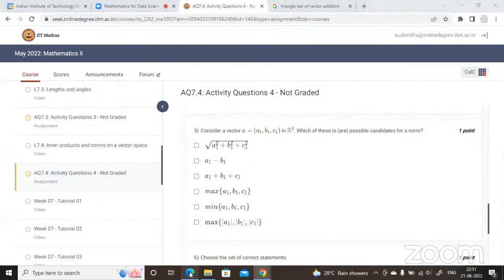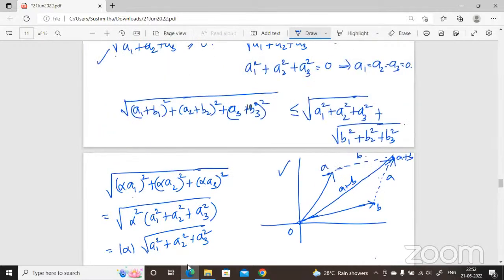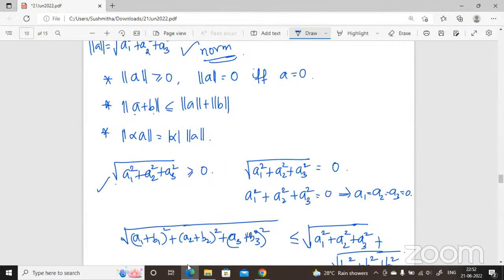Then A1 minus A2, that is the first component minus the second component. Will this be a norm? Here are the conditions. And the first condition, it will not satisfy, no?